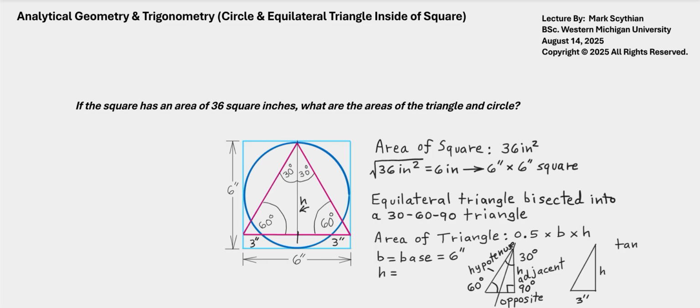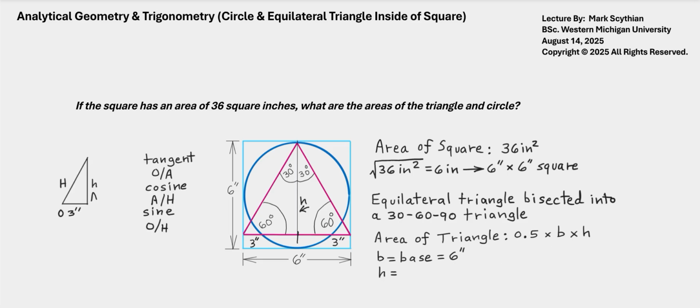So if we were to apply the functions of trig or trigonometry, opposite over adjacent is tangent, cosine is adjacent over hypotenuse, and sine is opposite over hypotenuse.